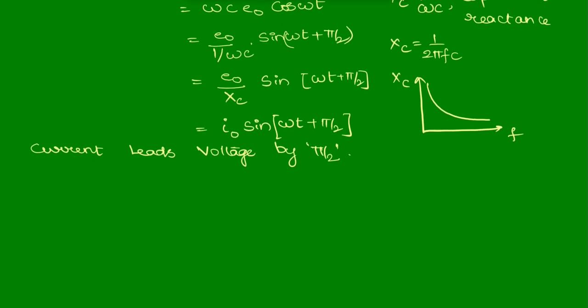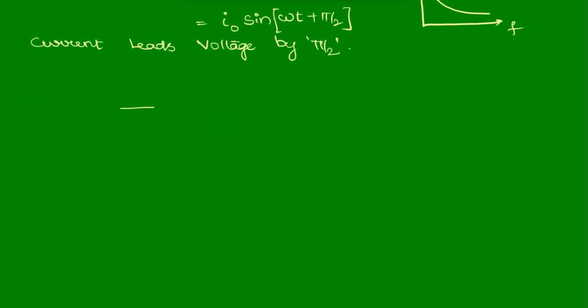So you can represent this as a diagram like this. Suppose this is our voltage, so current leads means I can draw it like this, plus pi by 2. Or else if they gave it in this quadrant, this is our voltage, so exactly perpendicularly we can draw current. It has to lead like this.